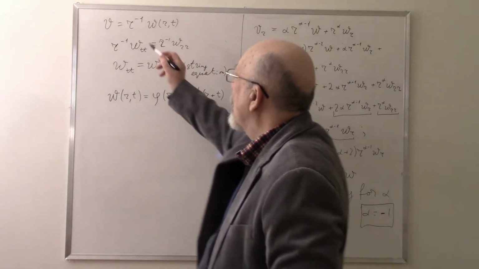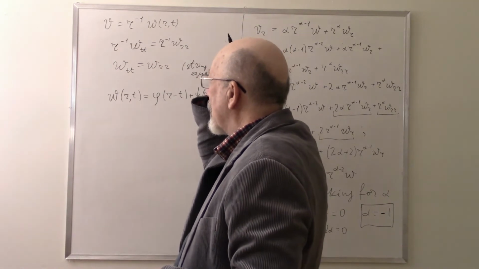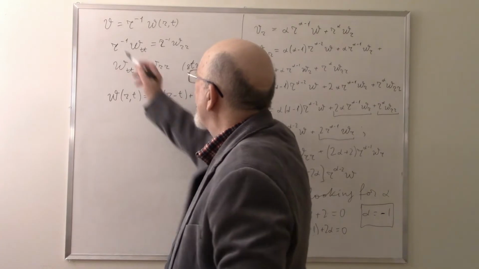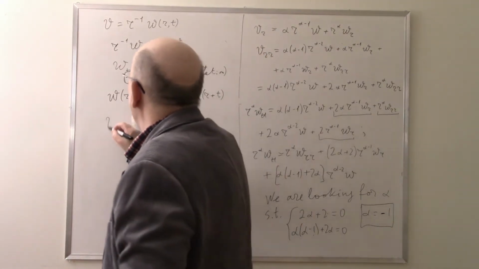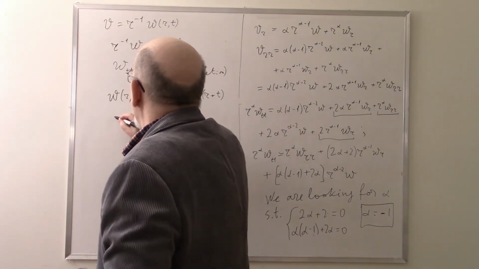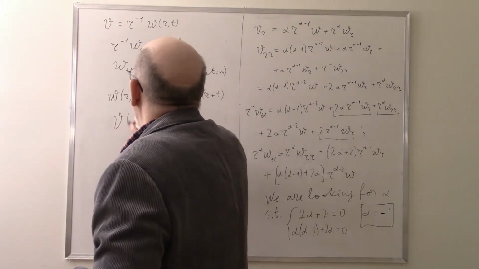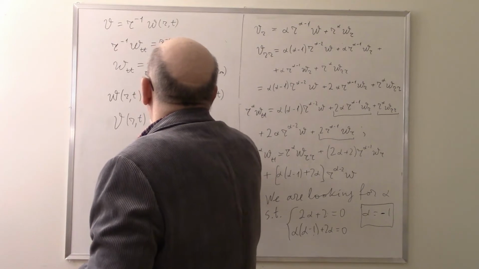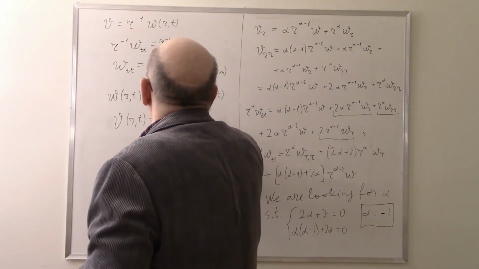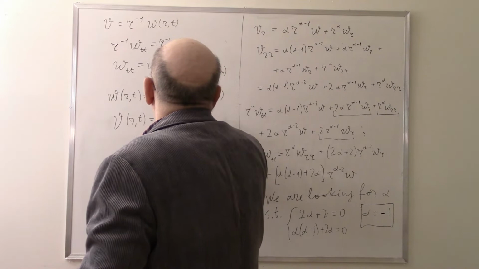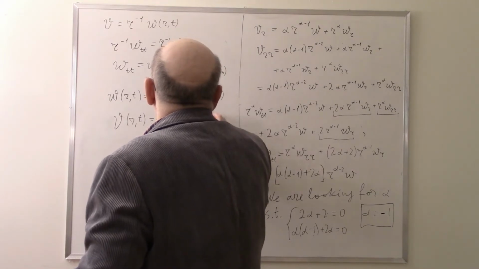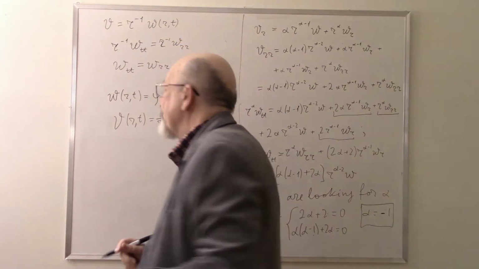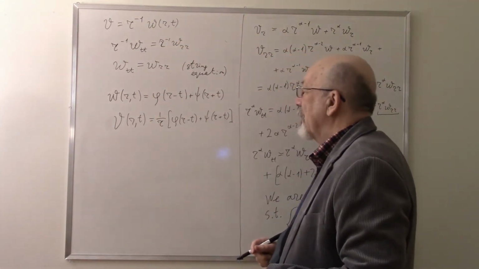And we divide, after this, V of RT equals 1 over R times phi of R minus T plus psi of R plus T. Yes?